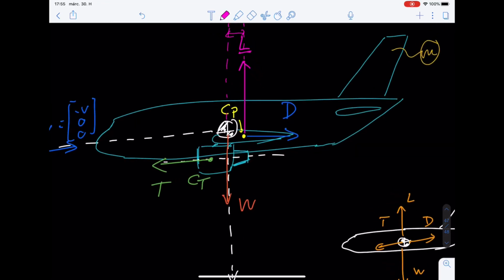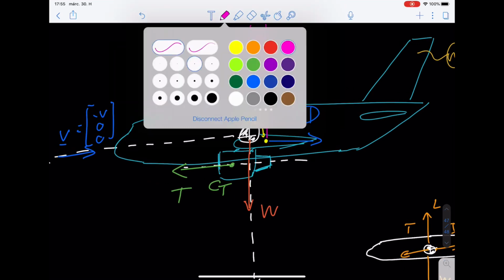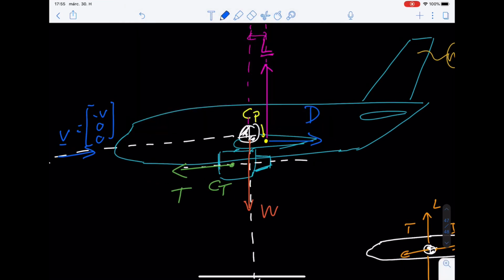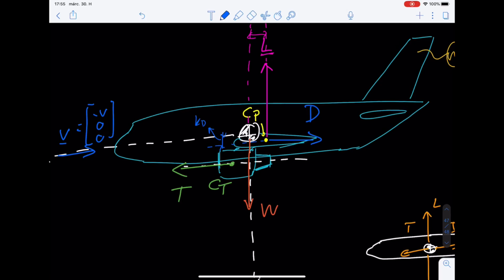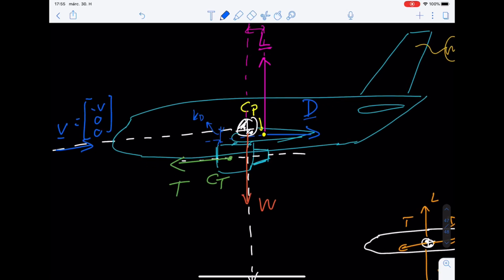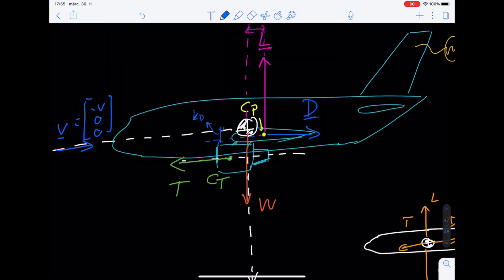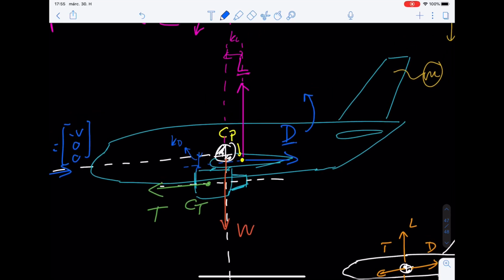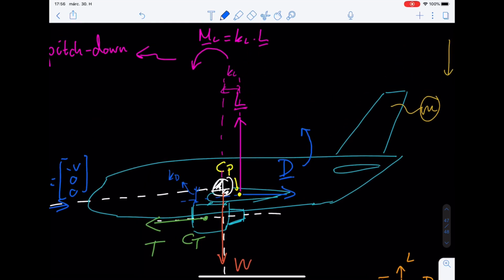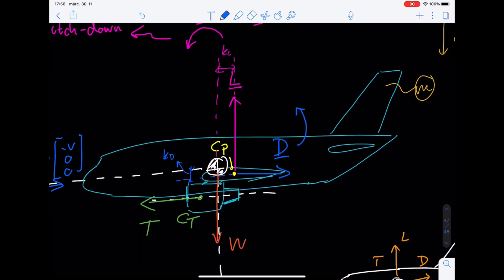So we can see that in this drawing, the drag force is going to have a KD arm from the center of gravity, which is going to generate essentially a moment around the center of gravity, which is going to be, again, a counterclockwise moment.